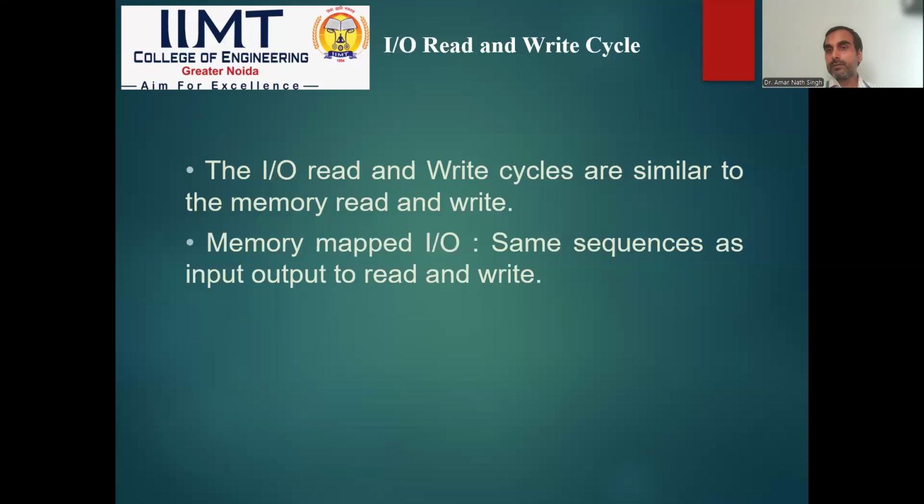The first is memory mapping. Whenever you consider memory mapping, the mapping is done on the basis of some subsequences, and based on those subsequences, the input and output system is implemented in the scenario or used to perform some sort of operations.